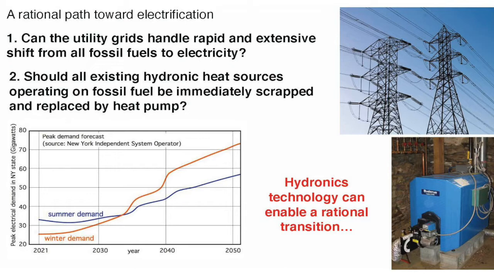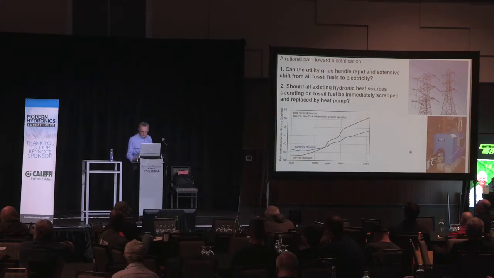You can see how that orange curve is gaining on the blue curve there. So winter peaking is what the utilities are going to have to deal with. Whether or not they have the capability, and how quickly they can bring on additional distribution, remains to be seen.